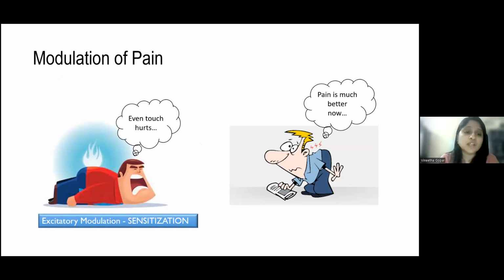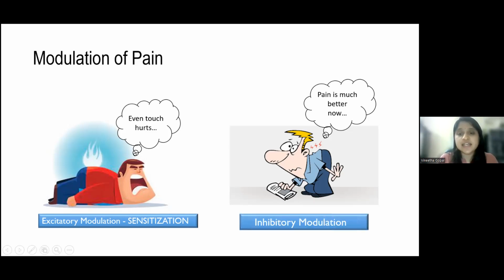The most important word in any pain class, or any class that deals with pain pathways and processing, is sensitization, because if we don't know this, we may not be able to give the best outcome to the patient. Then, when the pain is much better, this is known as inhibitory modulation. We will be talking mostly about sensitization. Then only will we be able to know how to counteract this sensitization, how to attack it.